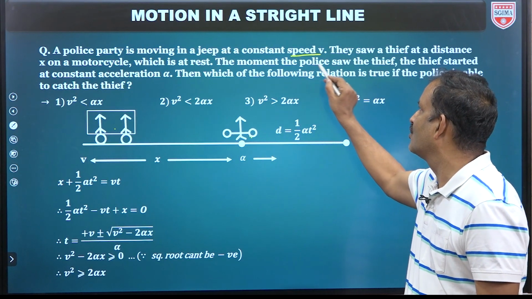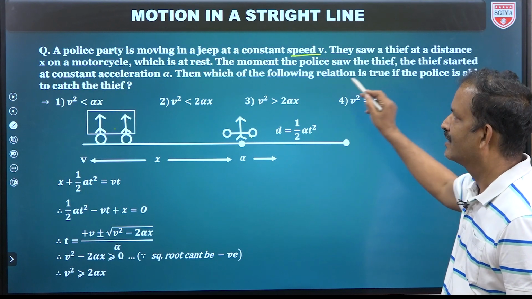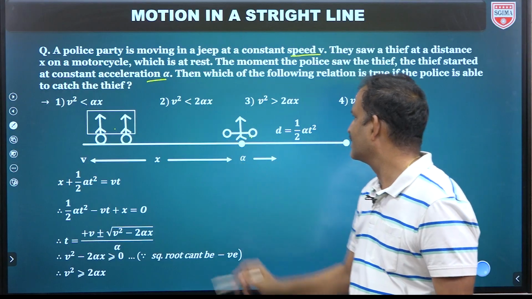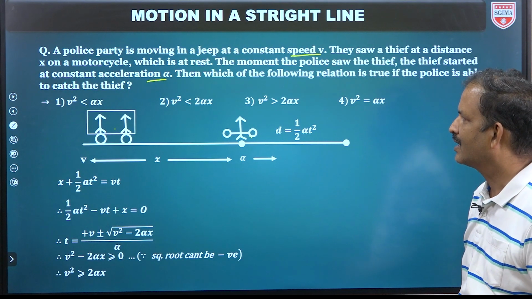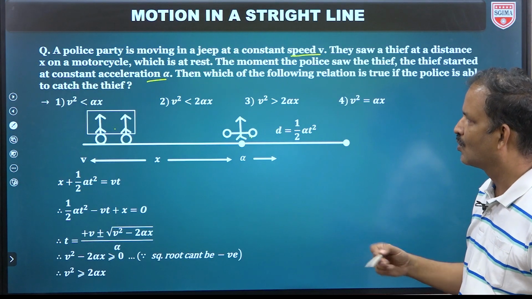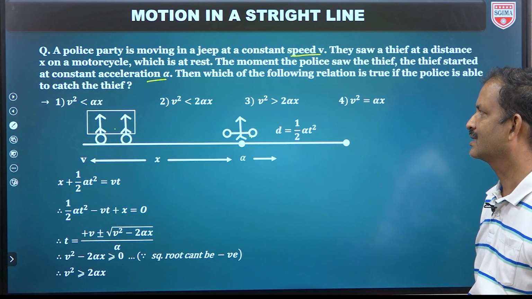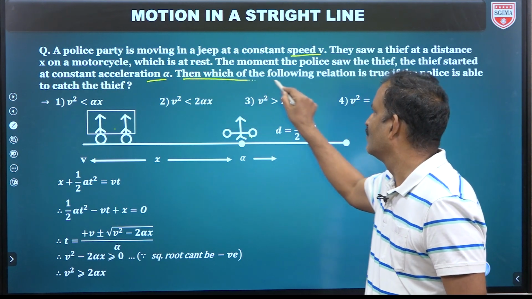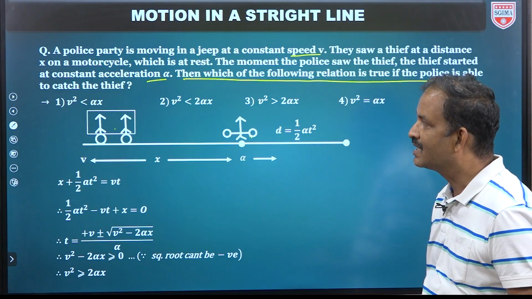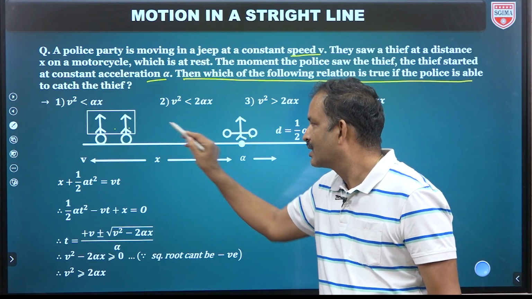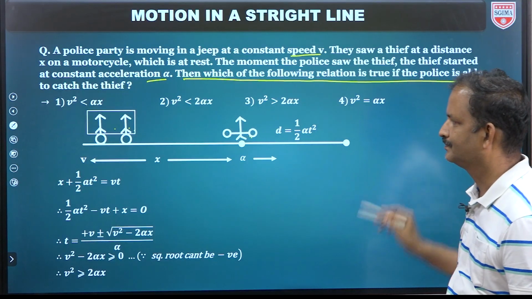The moment the police saw, the thief started at constant acceleration alpha. Once the thief sees the police, what will he do? Definitely he will go with the maximum speed he can. That means he will go with some acceleration. Then, which of the following relations is true if the police is able to catch the thief? In order to catch this thief, what is the required equation?